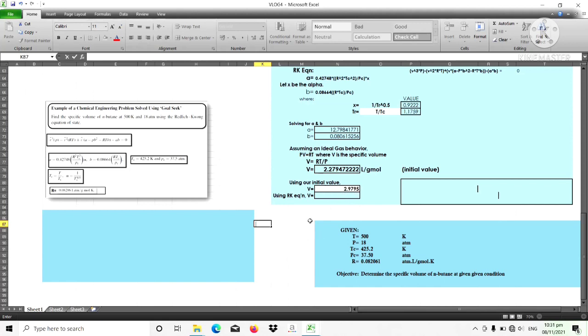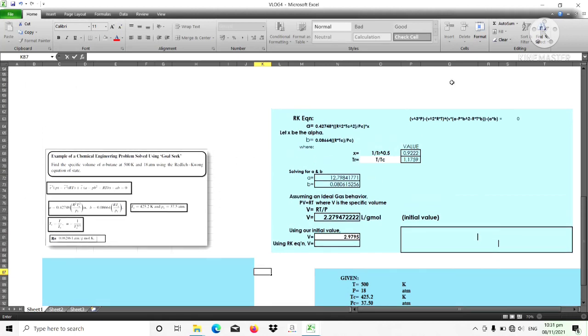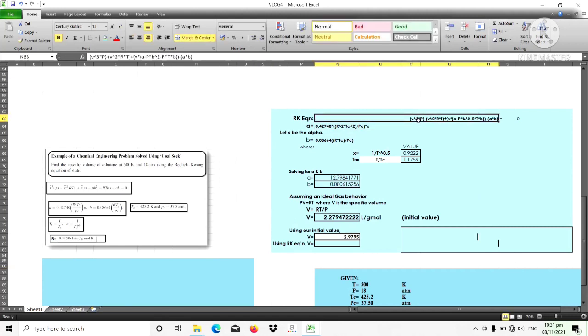So using the Redlich-Kwong equation, we can solve for V with this formula. Copy that, then paste it.